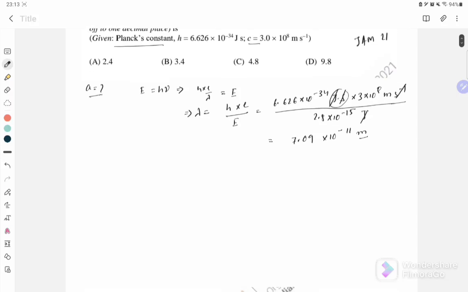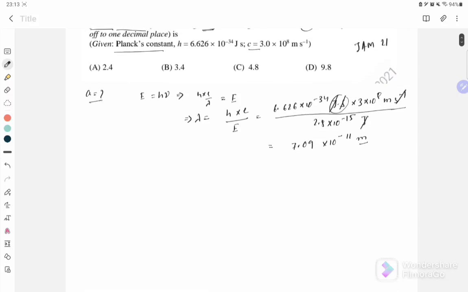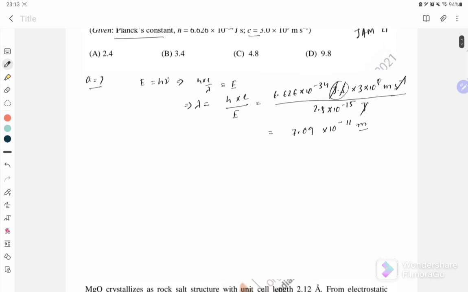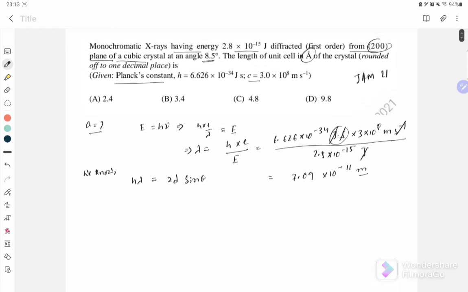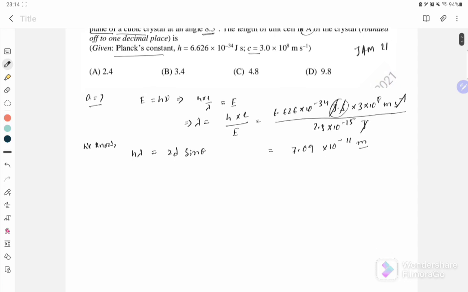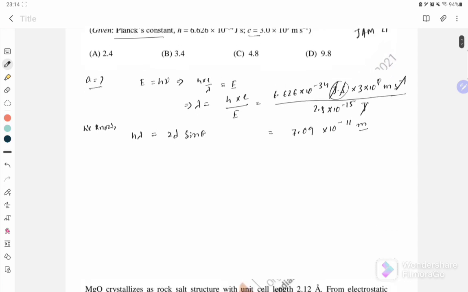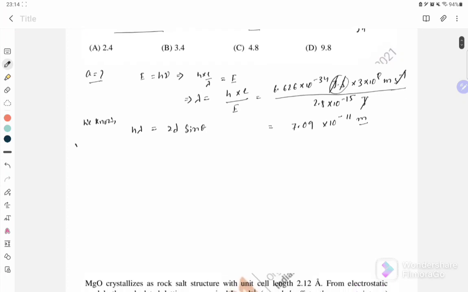Now we know that n lambda is equal to 2d sine theta. We know this equation, and if no order is given, we assume that this is a first order diffraction, so n equal to 1.